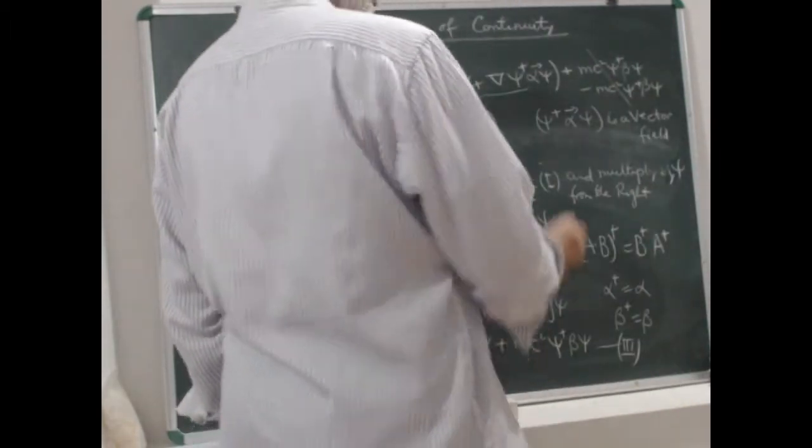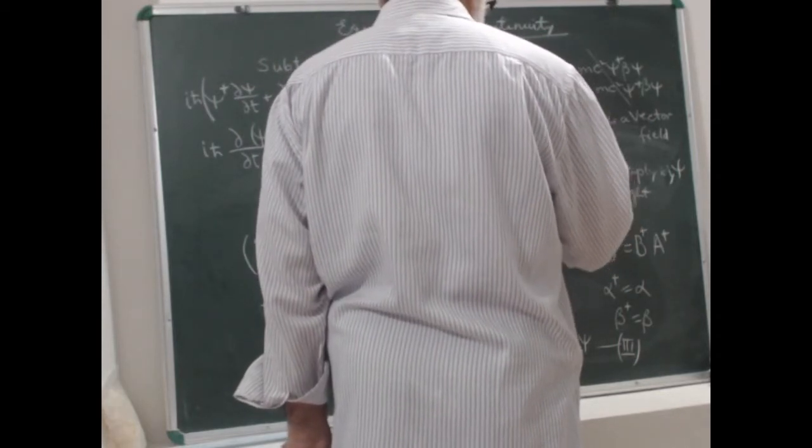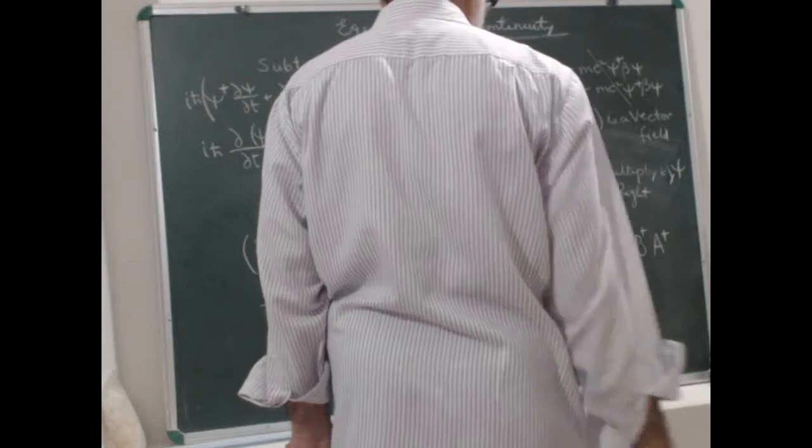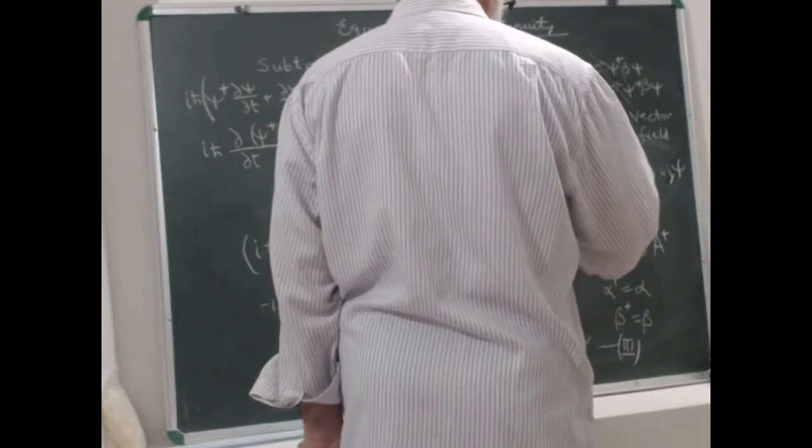And we know that the divergence of any vector field physically means the flux of the field per unit volume.